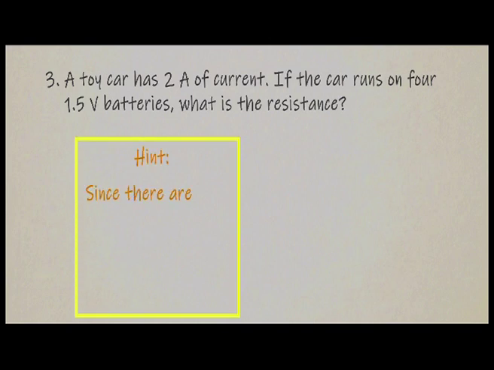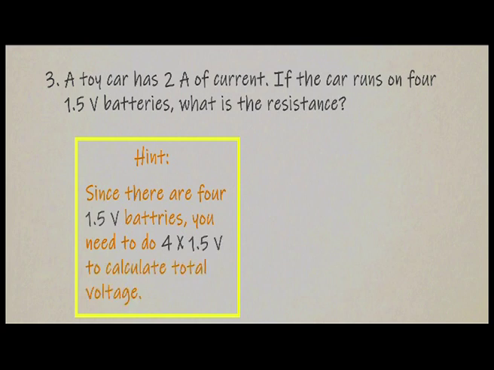Since there are 4 1.5 volt batteries, you need to do 4 times 1.5 volts to calculate the total voltage. Then use the formula and solve it. When you solve it, your answer will be 3 ohms. So please check it.